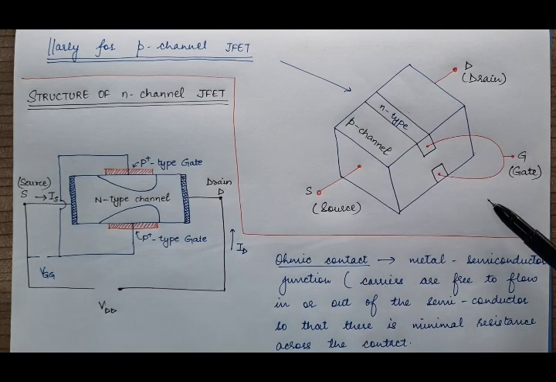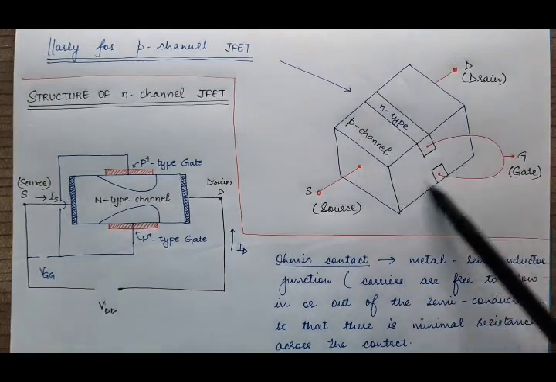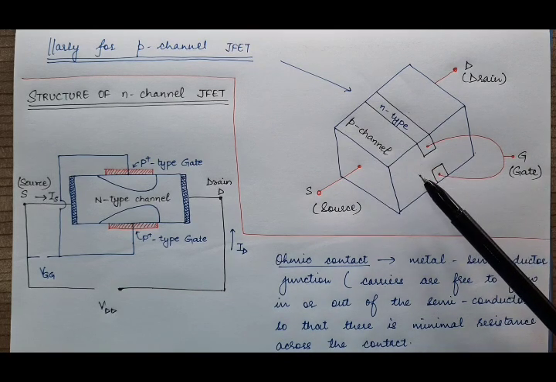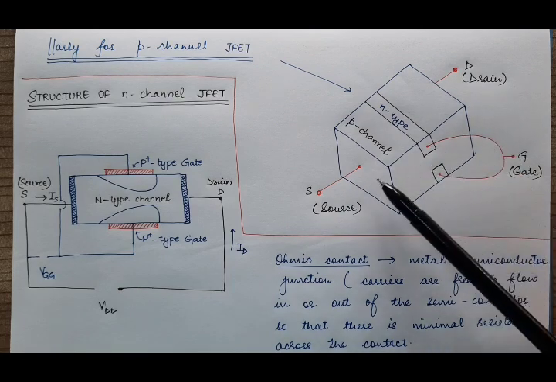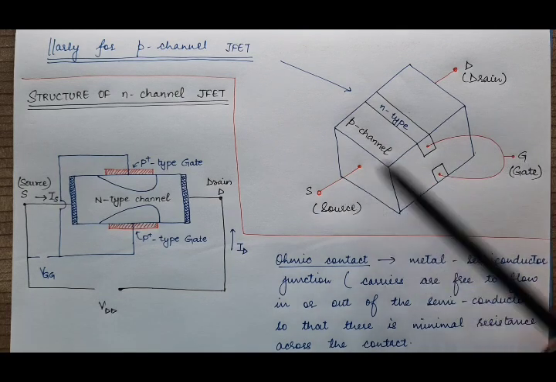So here we have the p-channel junction field effect transistor, where we have taken a uniformly doped p-type semiconductor bar with metal semiconductor junctions, or ohmic contacts, at both ends to form two terminals, source and drain.